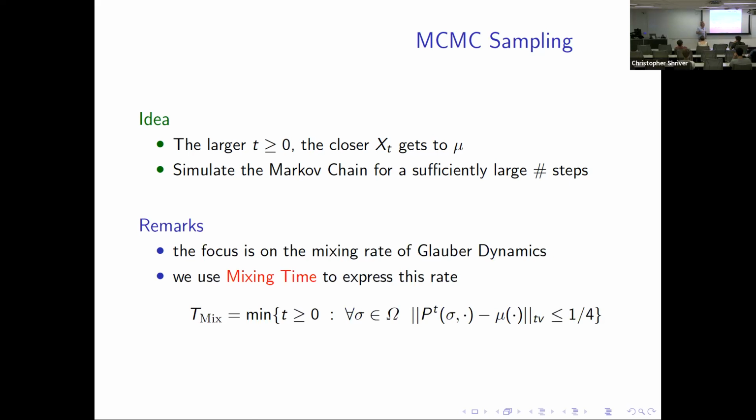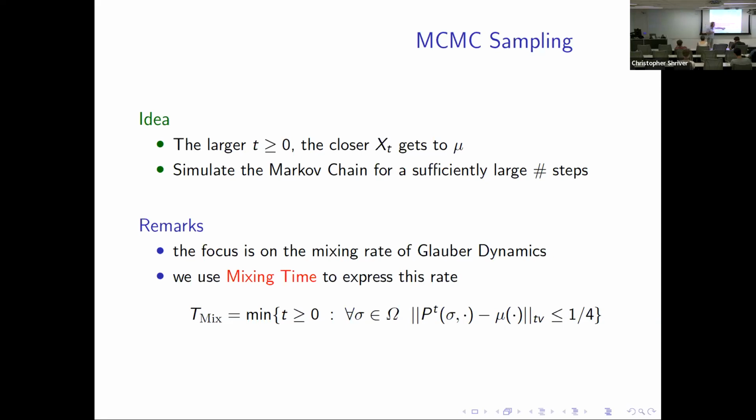This is what we call the mixing rate. And a measure for the mixing rate of Glauber dynamics we use here, there are many different measures, is the mixing time. And what is the mixing time? The mixing time is the minimum number of transitions t such that the configuration of the Markov chain after t steps, regardless of the initial configuration sigma, is within total variation distance 1/4 from the equilibrium distribution.